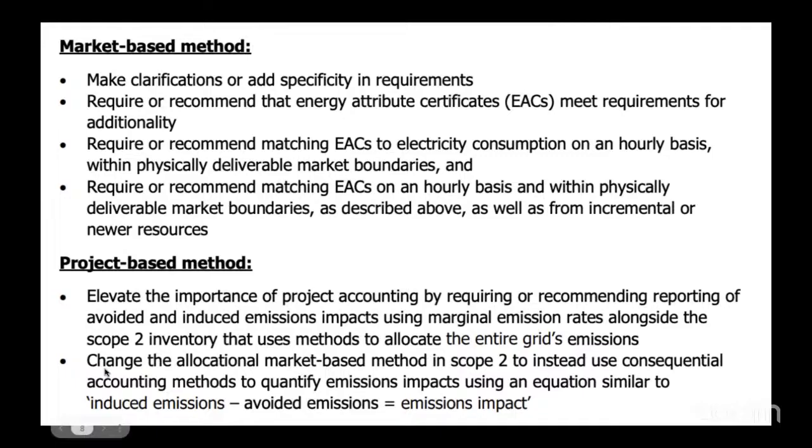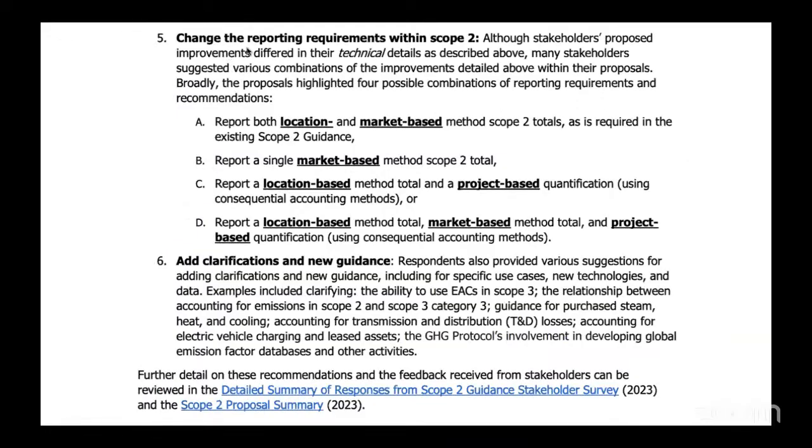Change the allocation of the market-based method in Scope 2 to instead use consequential accounting methods to quantify emissions impact using an equation similar to induced emissions and avoided emissions impact. Change the reporting requirements within Scope 2. Also, the improvements stakeholders propose differed in their technical detail as described above.